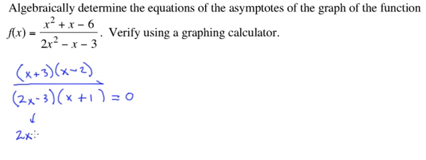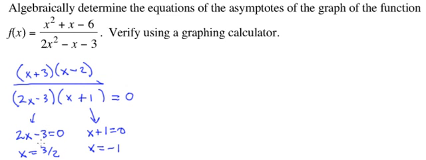Either 2x minus 3 could equal 0, which would imply that x is 3 over 2, or 1.5, or this other piece could equal 0, which would give us x equals negative 1, and there again the expression would be undefined.